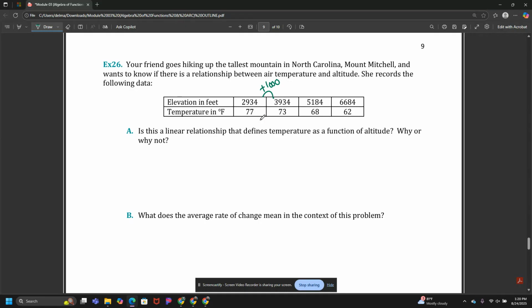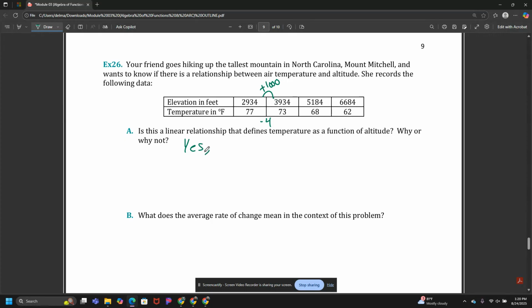Right? And that's a difference of what? 4 degrees. So we can say yes, there is a rate of 0.004 per foot, or negative 4 degrees per 1,000 feet, as we see in the table.